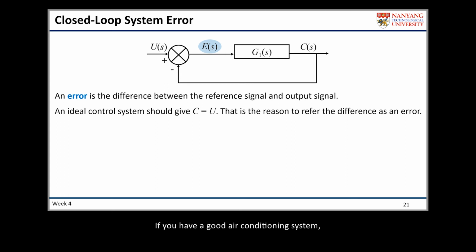If you have a good air conditioning system, after you turn it on and set the desired temperature in your remote controller, after some time when the steady state condition is reached, the temperature of your room, which is C, should be equal to the temperature that you set in your remote controller, which is U.